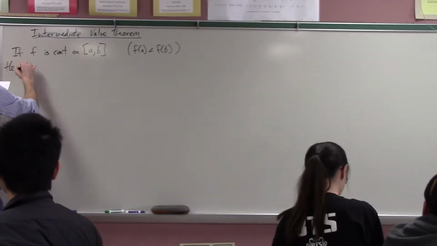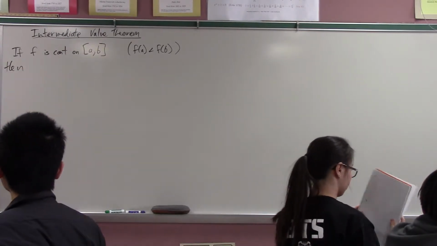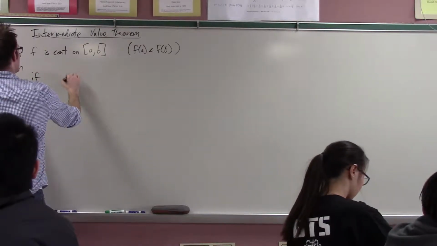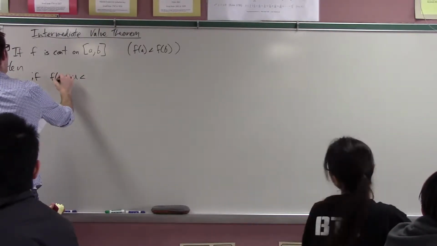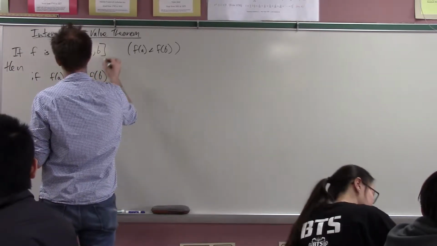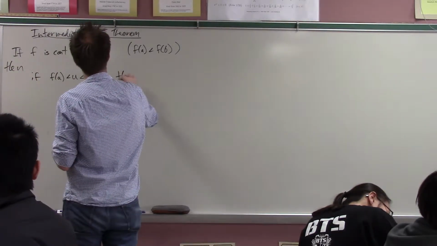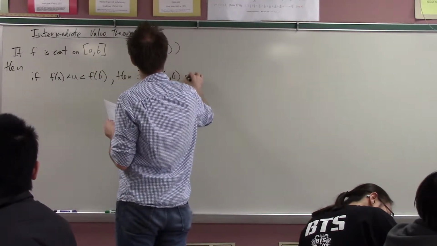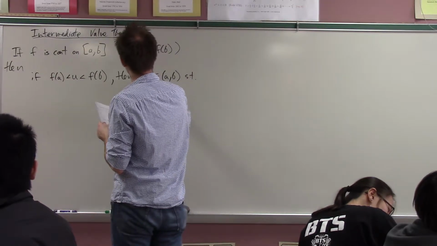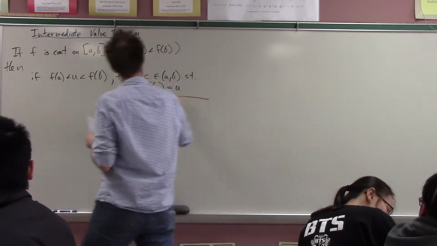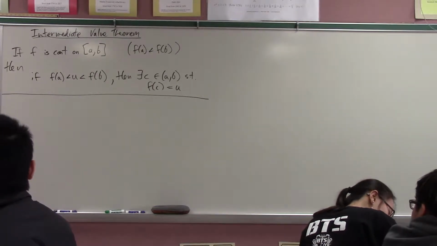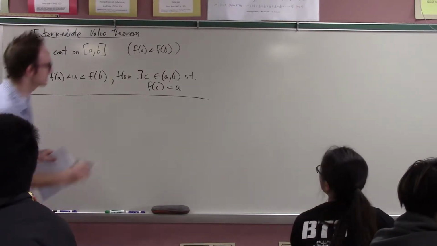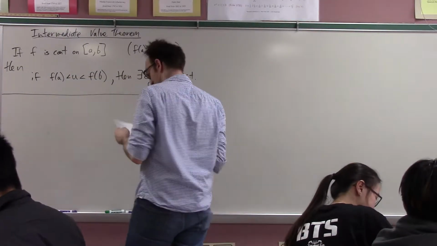Then the intermediate value theorem says if you give me a y value, let's call it u, between f of A and f of B, then there exists a C on that interval AB such that f of C equals u. We learned this theorem in analysis 1, and it's not too hard to believe that it is true.